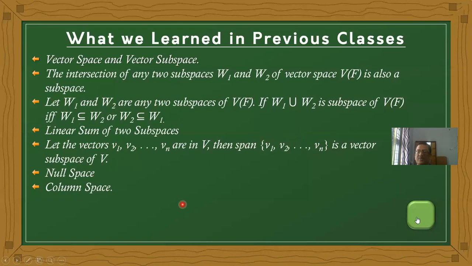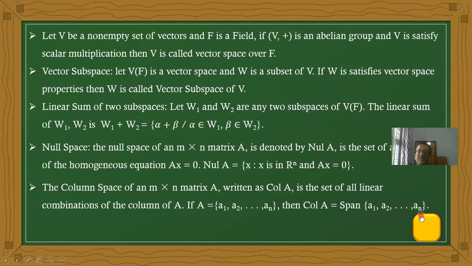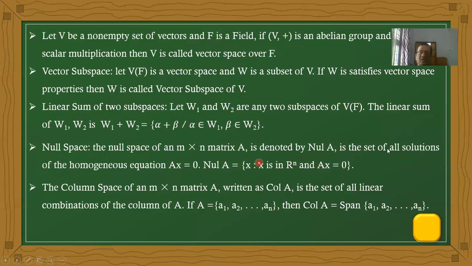What does null space mean? If Ax equals 0, then x belongs to the null space. That is a simple basic definition. The null space of an m by n matrix capital A is denoted by null A. And what is null A?